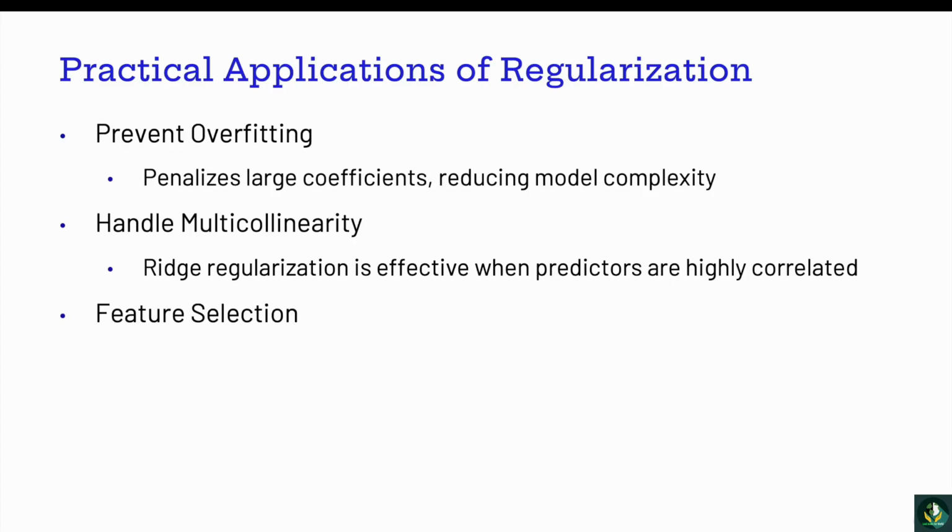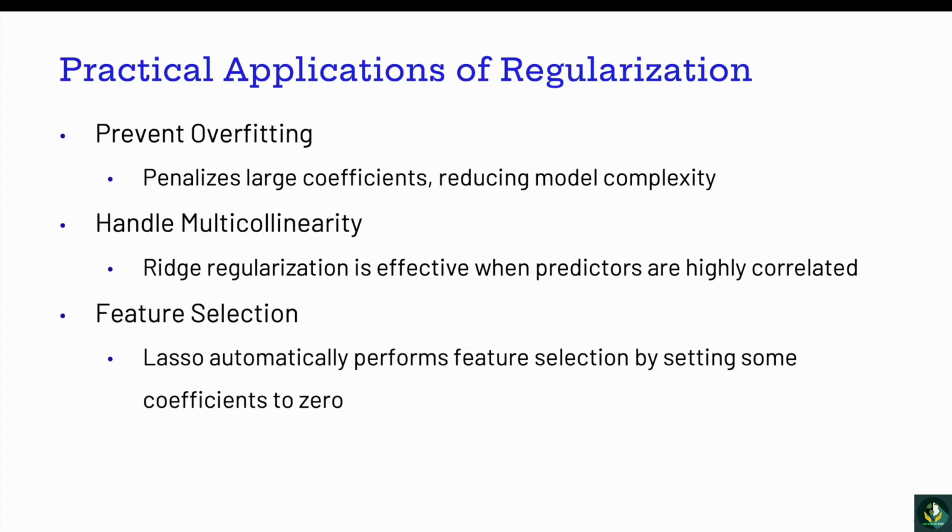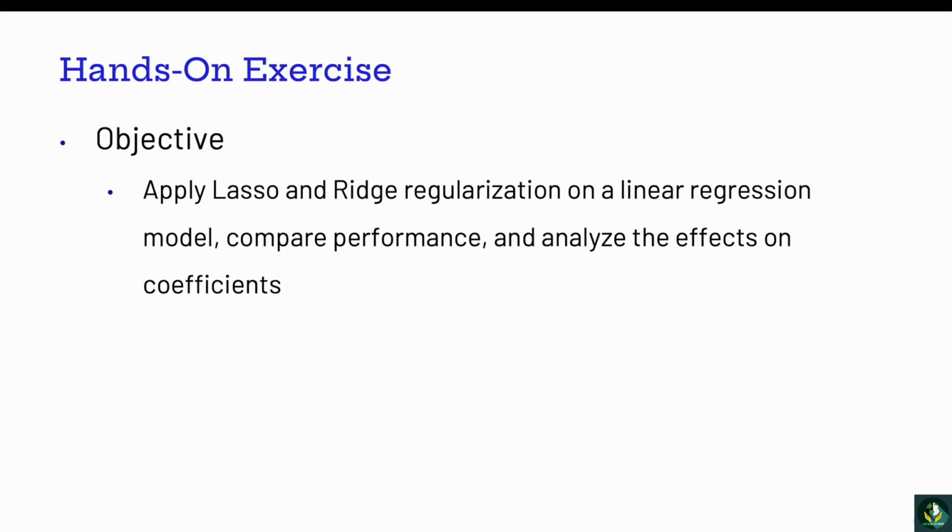Next application is feature selection. Lasso automatically performs feature selection by setting some coefficients to 0. Now, with this, let's jump into our hands-on exercise for today, where we will be applying lasso and ridge regularization on a linear regression model, compare the performance, and analyze the effects on coefficients.